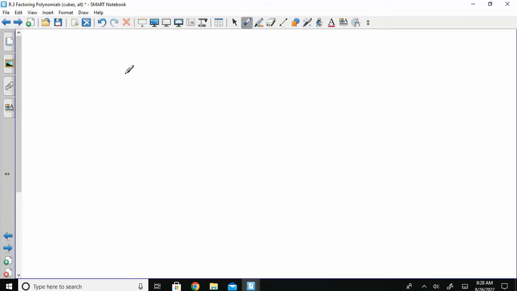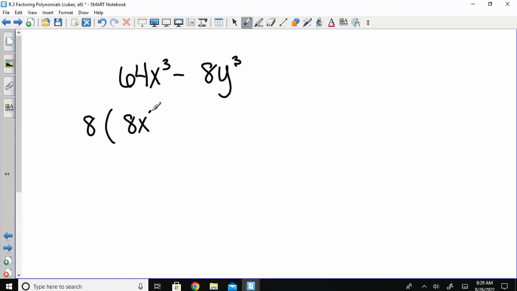What if, one more. You have to be careful. These are both perfect cubes to start with, but you have a greatest common factor. So we need to pull out that 8 first. Okay.